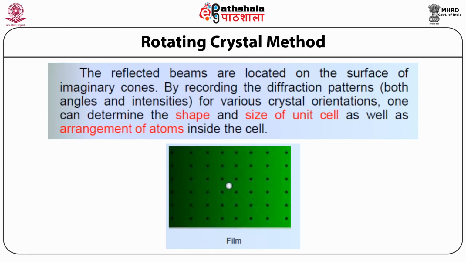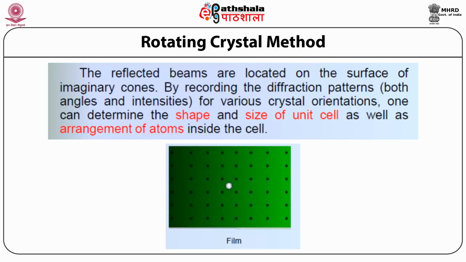With the rotating crystal method, the idea can be extended. Beyond calculating the lattice constants, we can find out the shape, the size of the unit cell, and the orientation. If you are given a crystal, just by looking at it you cannot locate which is the x-axis, which is y, which is z, or what orientation this crystal has.